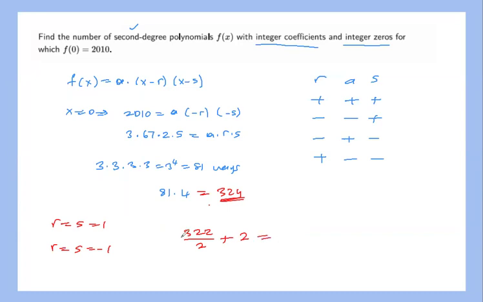So 161 plus 2, which is 163. This is quite a challenging question, but if you think about it carefully, it wasn't too bad. So I hope that was clear. I'll see you next week.